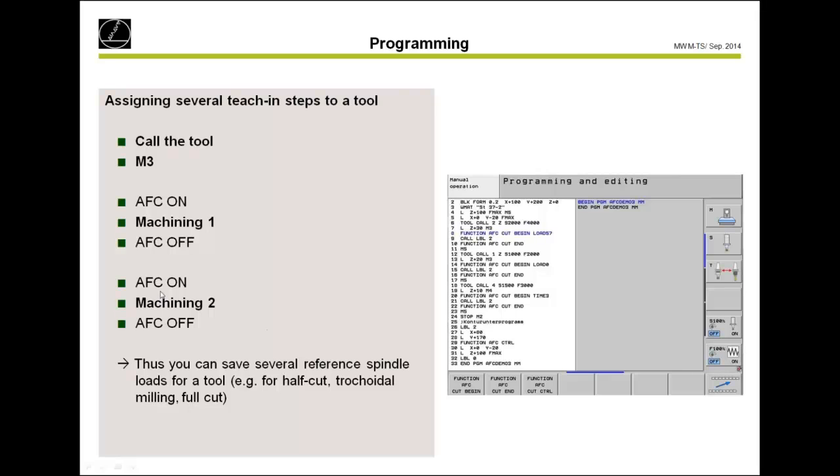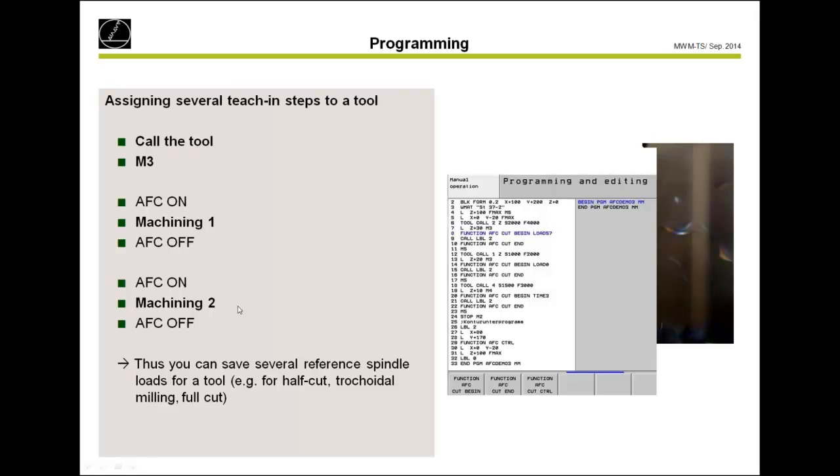And in the second machining, the same: AFC on, machining 2, so we learn again, and we switch it off with the AFC off function. So this is a possibility when I want to do, with one miller, for example, a half cut, trochoidal milling, and a full cut. Then I have 3 different spindle loads for one tool.